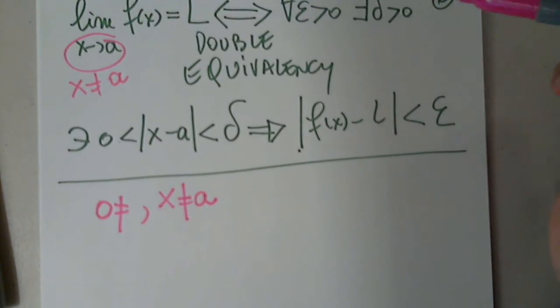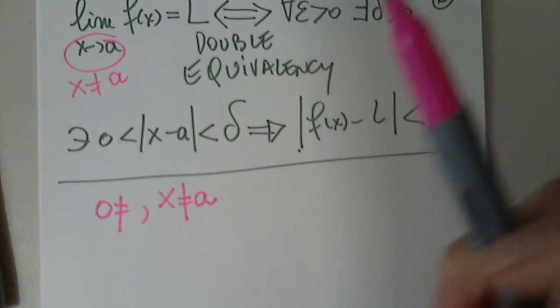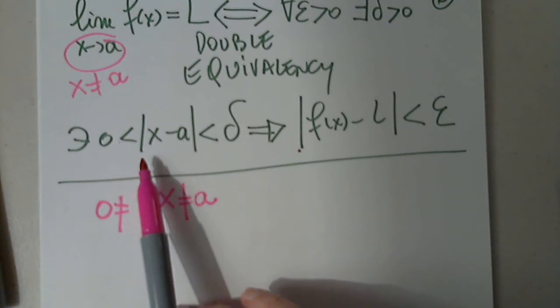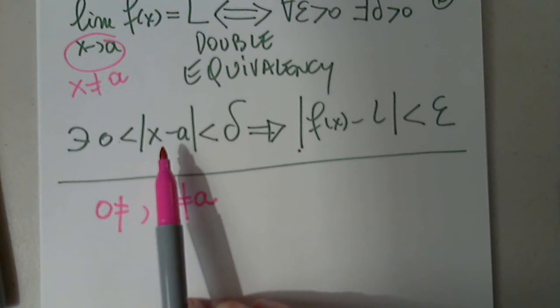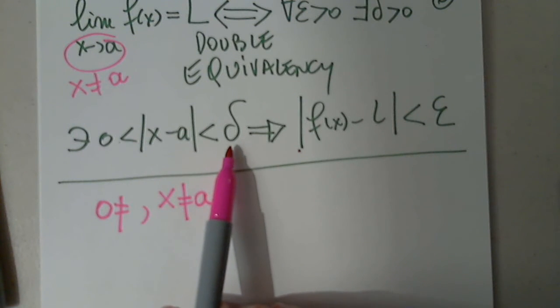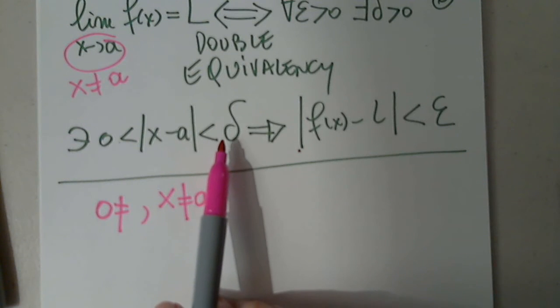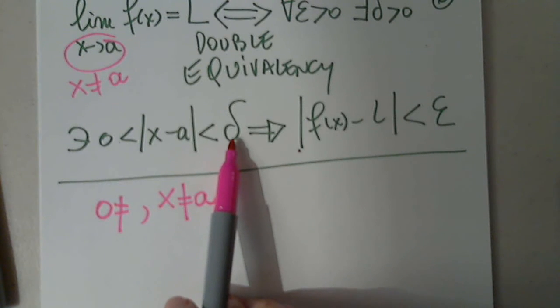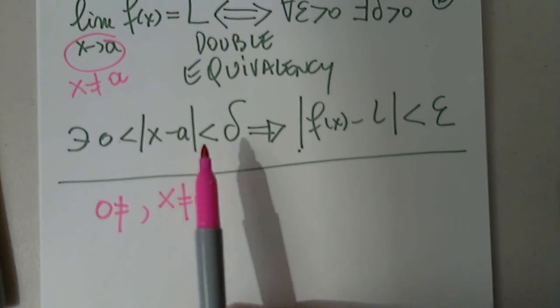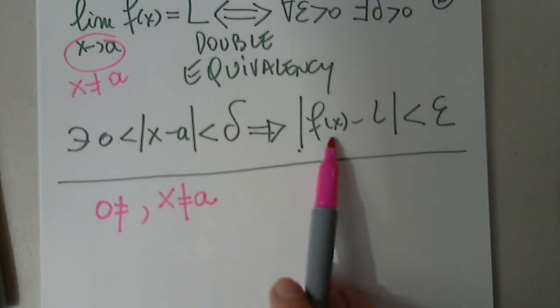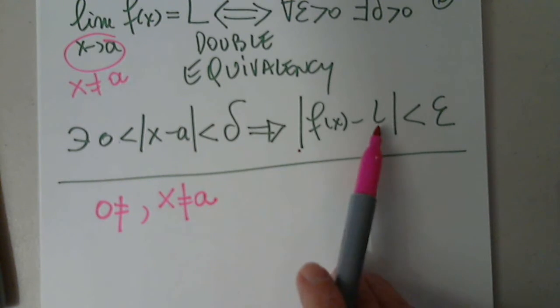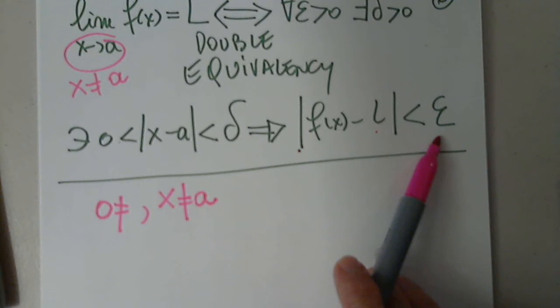So for every epsilon, I'll find a delta, also positive, such that when I pick x close enough to a, how close? Not more than delta, the distance between f of x and the limit will always be less than epsilon.